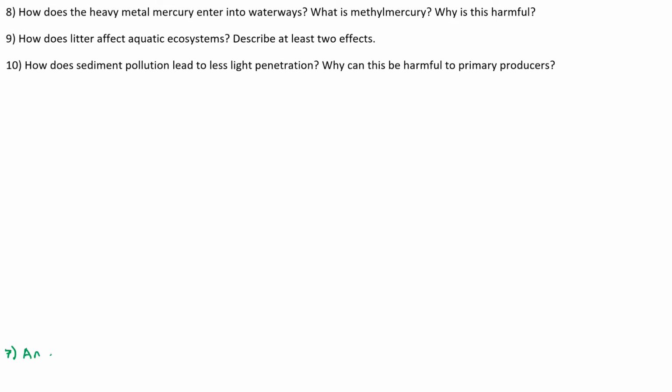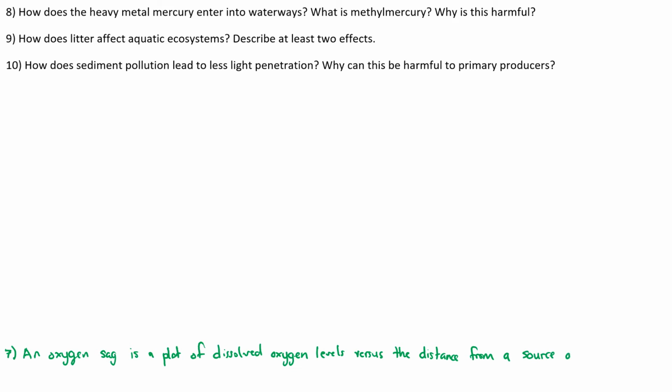So an oxygen sag is a plot of dissolved oxygen levels versus the distance from a source of pollution, usually excess nutrients and biological refuse.